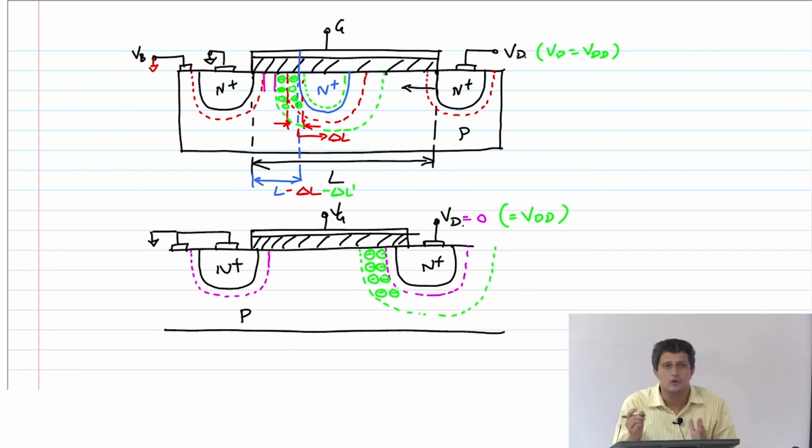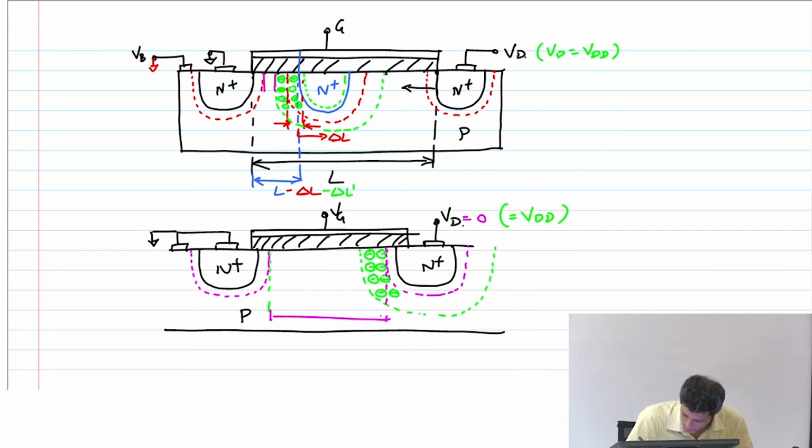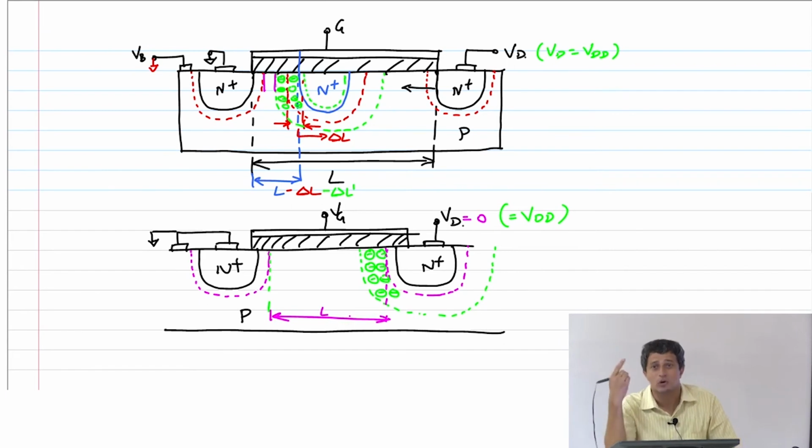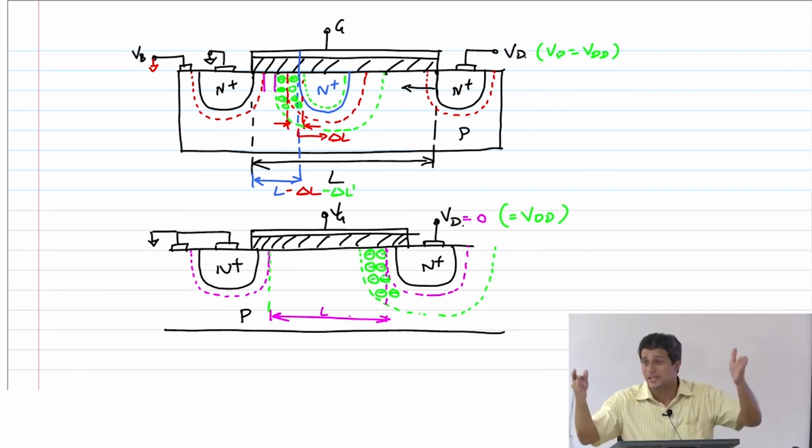Previously, when Vd was 0, my gate had to invert the entire channel from here to here. This was the channel length that the gate had to invert, which means the threshold voltage is going to be defined by how much work it has to do to invert that much of the channel, right?